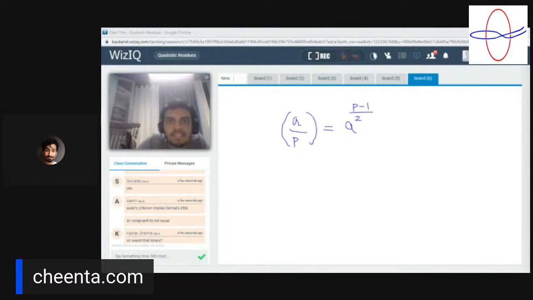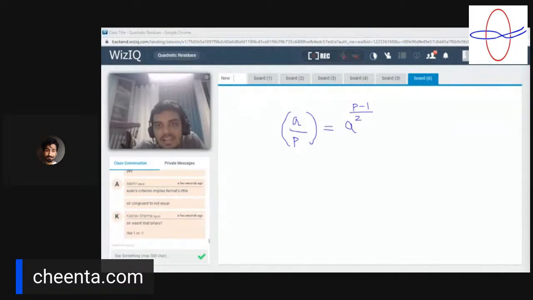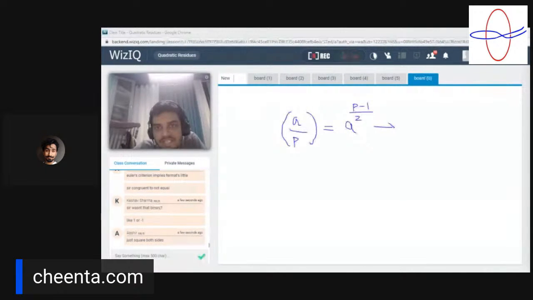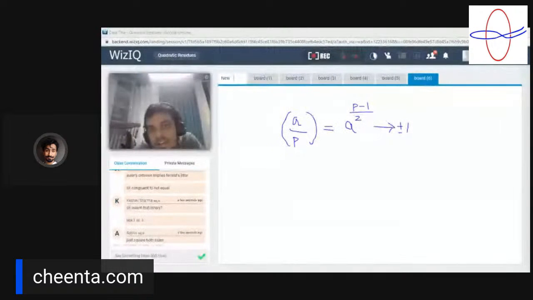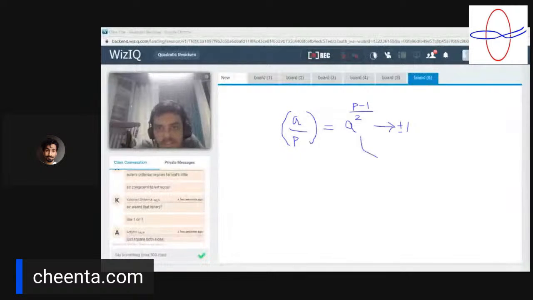As part of the proof, we will see that this is equal to plus or minus 1. But just for your understanding, the first thing that should strike you is that the square of this value has to be equal to 1.